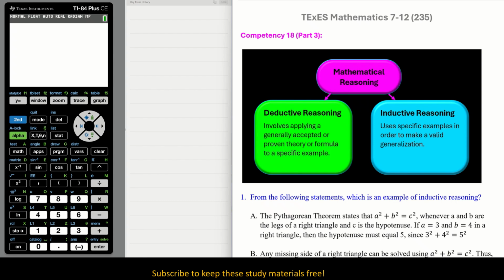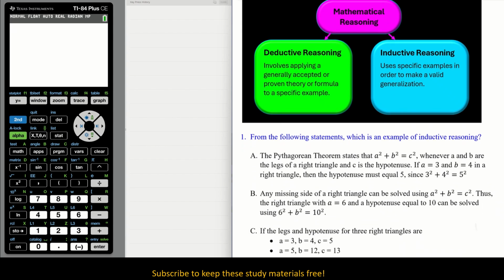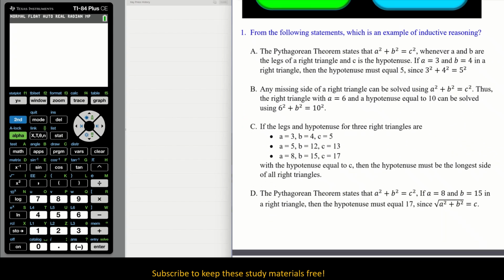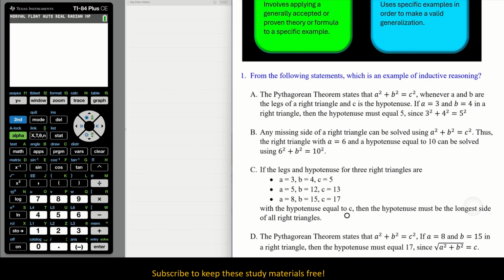Let's talk about number one. Actually, a little bit before number one, two points I want to make. One is that for this competency, there is minimal TI-84 use, but you need your TI-84 to double check numbers just in case you get tired and can't think through it.